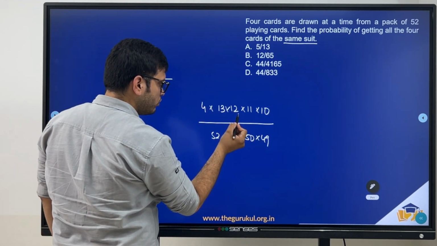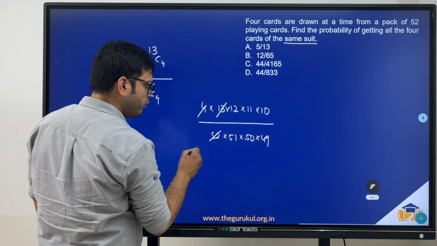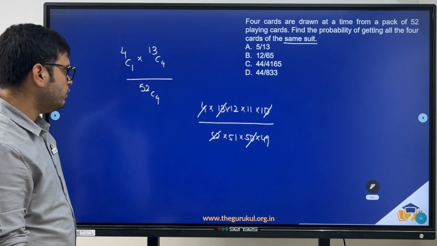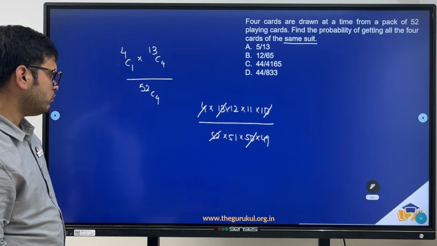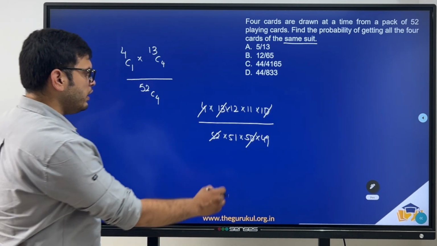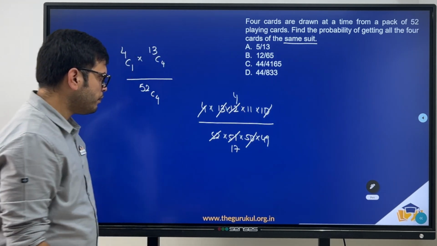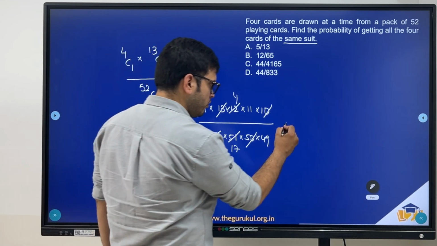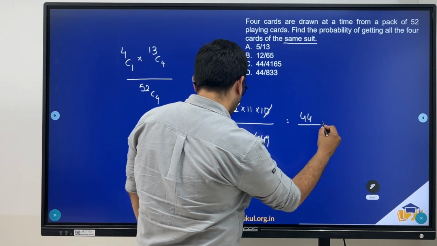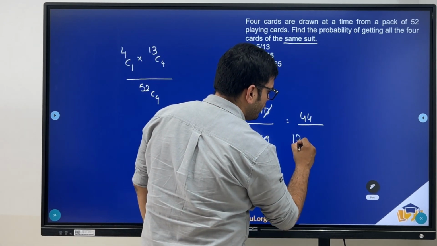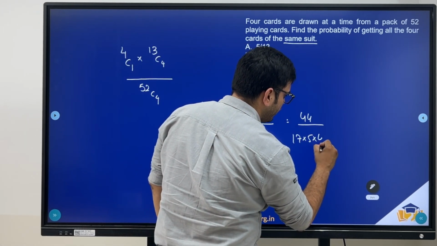So 13 fours 52, okay, 10 fives, then 3 17s, 3 4s. So 4 into 11, 44 by, we have 17 into 5 into 49. 17 into 5 into 49.